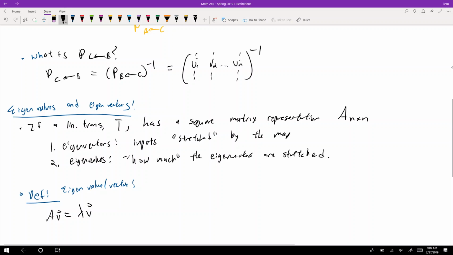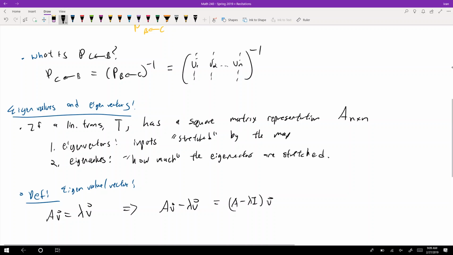Okay, another way we can write it is we can subtract lambda v from both sides, so then we'll get Av minus lambda v. All right, and then we can factor out a v, but we have to remember it's vector multiplication, so that's also equal to (A minus lambda I) times v, where I is the identity matrix.